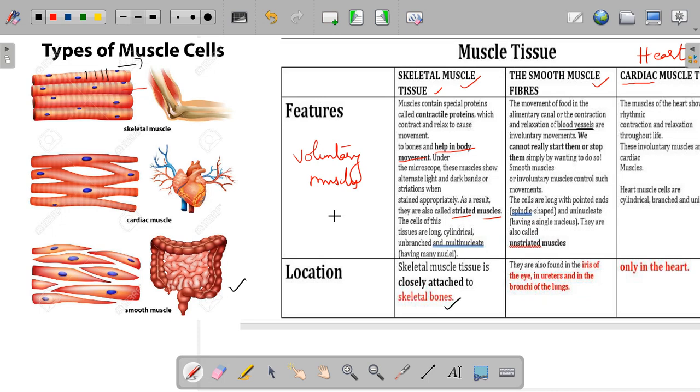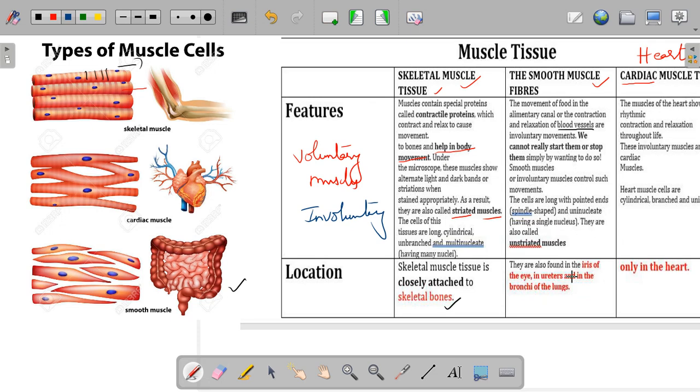Involuntary muscles are the ones which are not under the influence of the brain and spinal cord. Involuntary, that's why they are not under the direct control of brain and spinal cord. Okay, and you can see where they are present.